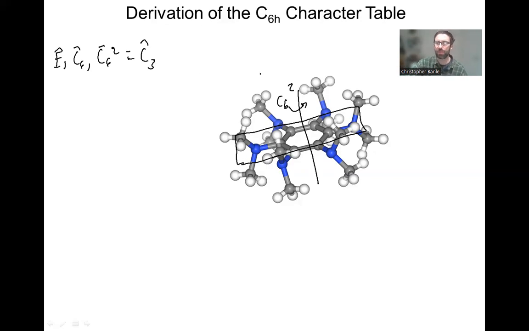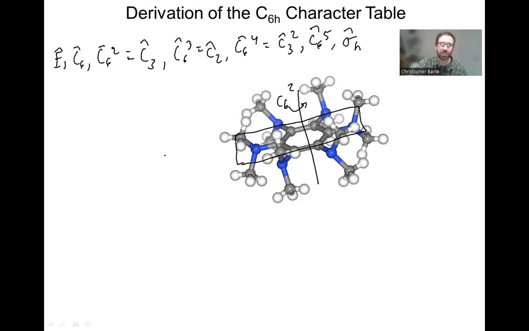Then there's a C6 3 times, that's 180 degrees, which is equal to a C2. There's a C6 4 times, which is equal to a C3 twice, 240 degrees. And then there's a C6 5 times. From there, we also know that there's a sigma h. There's no C6 6 times, by the way, because that equals identity.